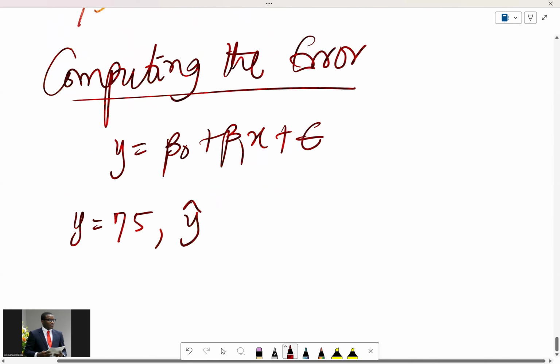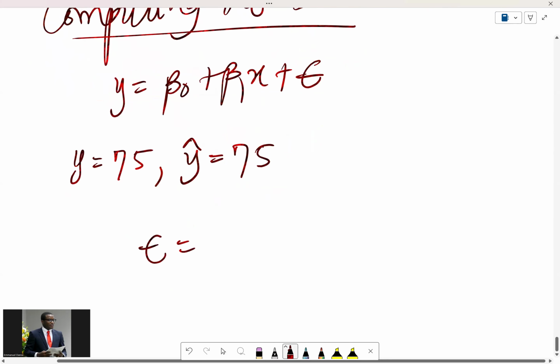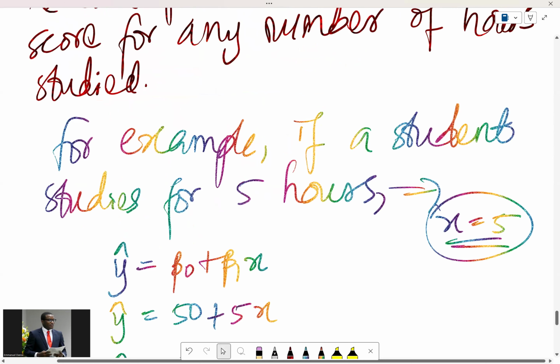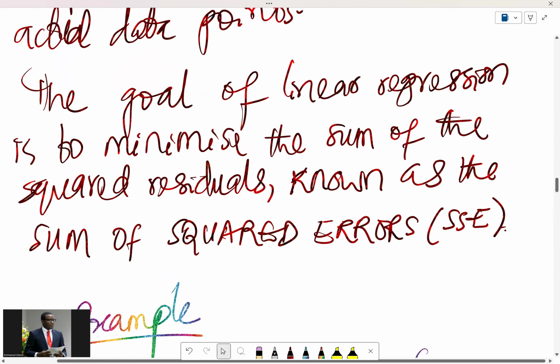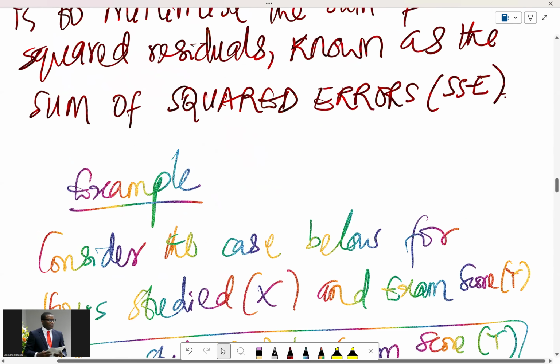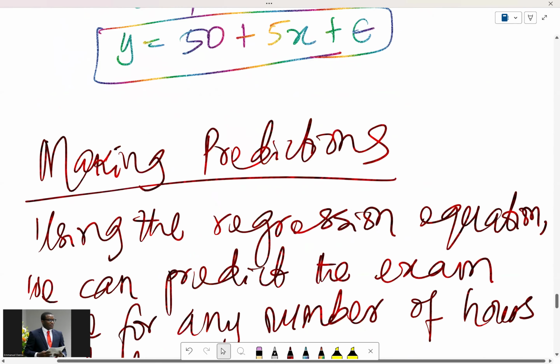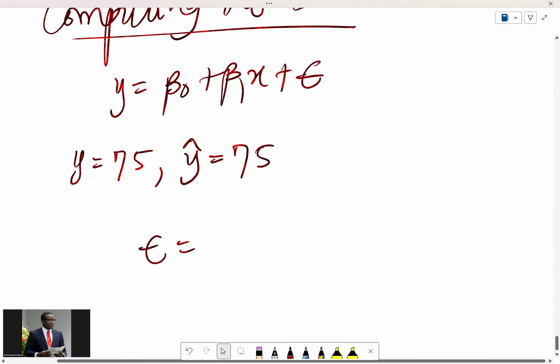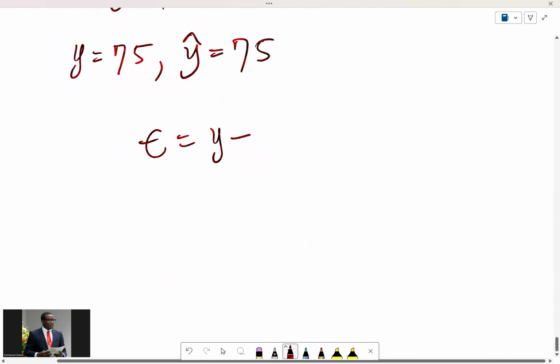Y bar, the predicted y, is also 75. And we know that error is simply, what's the formula again? I think we talked about that way before now. Yeah, that's y minus y cap, not bar, y minus y cap.